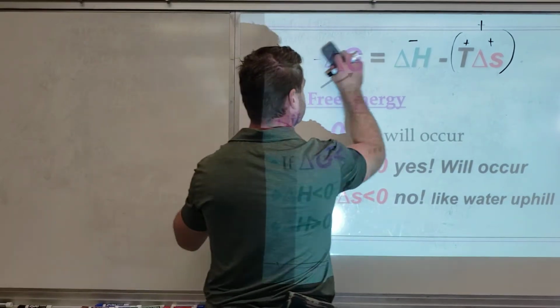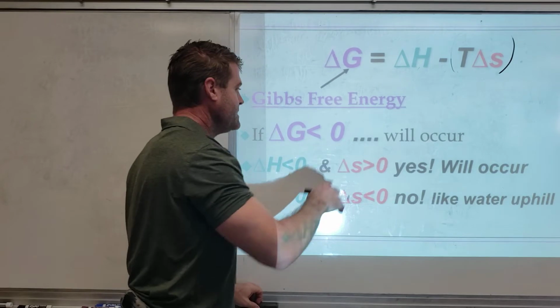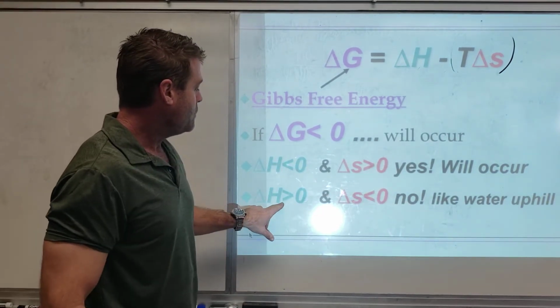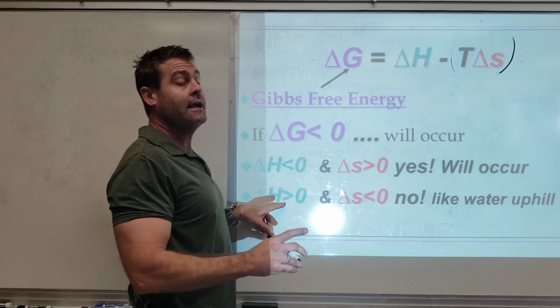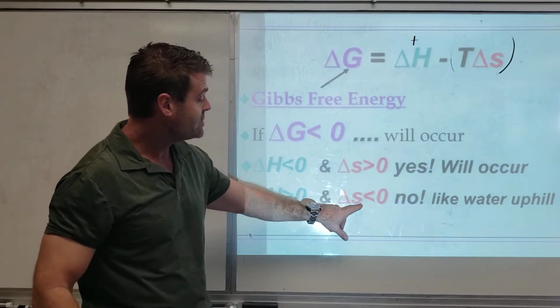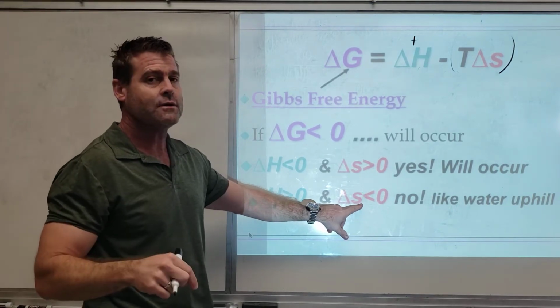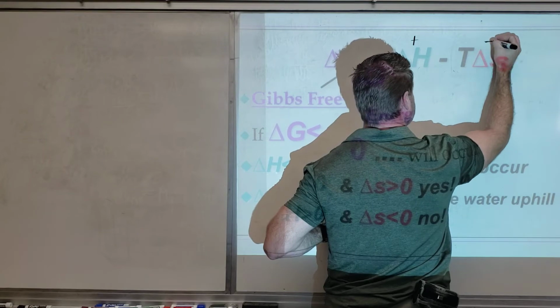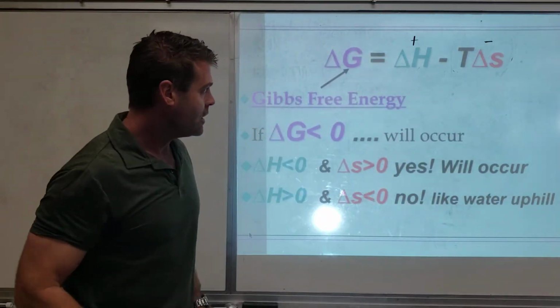Now look at this one. Remember a situation that will never occur? When enthalpy increases, that means it's an endothermic reaction, and then also there's a decrease in disorder, so delta S is negative. Why will that never occur?